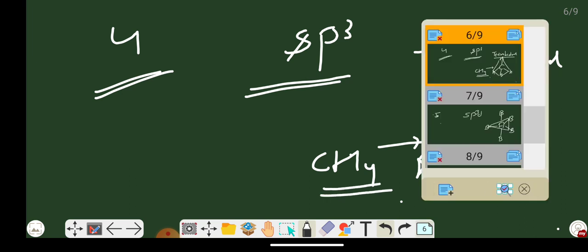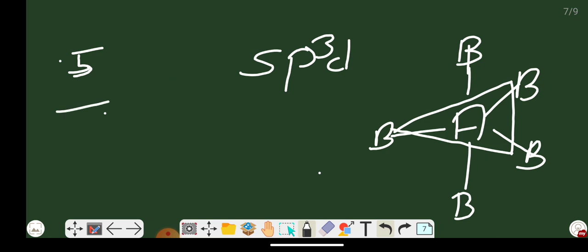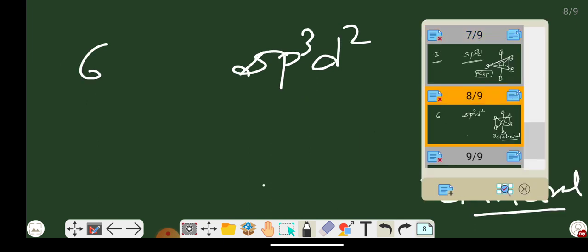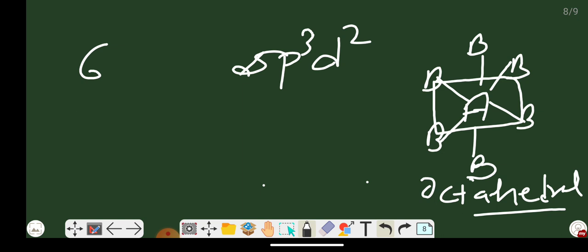Now again, if we have 5 bond pairs, then the hybridization is sp3d and the shape is trigonal bipyramidal. We have the example PCl5. So PCl5 has trigonal bipyramidal shape. Now again, if the bond pairs are 6, the hybridization is sp3d2, and the shape of the molecule is octahedral.